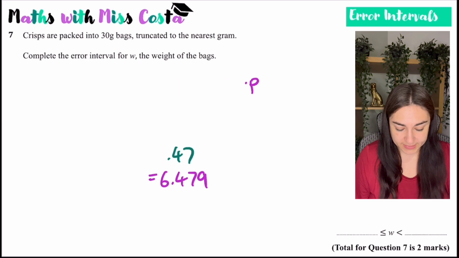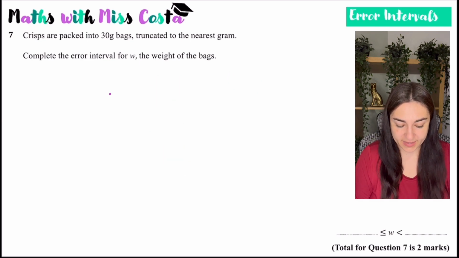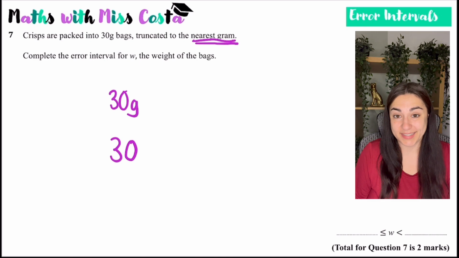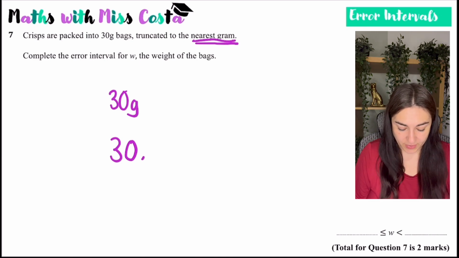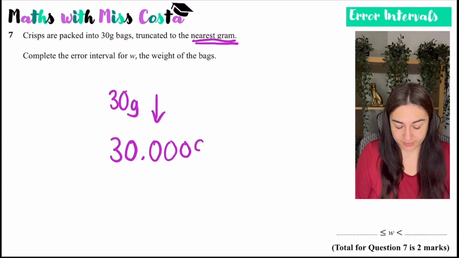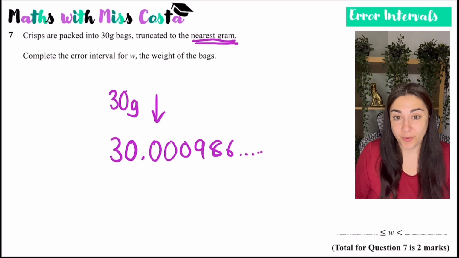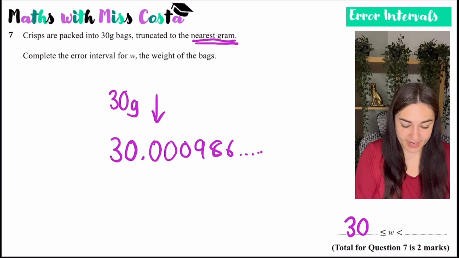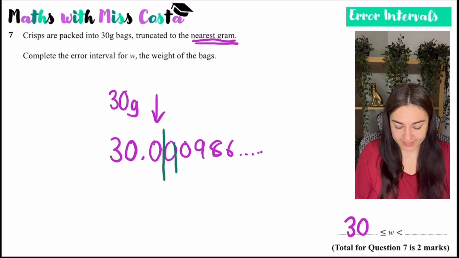So I know that crisps are packed into 30-gram bags, truncated to the nearest gram. So what that must mean is that it's truncated at the decimal place. So the lowest possible value it could be, if I think about my decimal places, it could be 30.000986, and so on. So the lowest possible value it could be is 30, because if I truncated it, the first digit could be 0, the second digit could be 9.